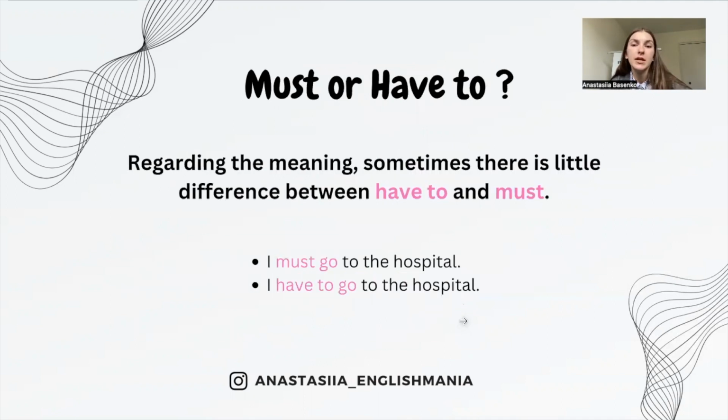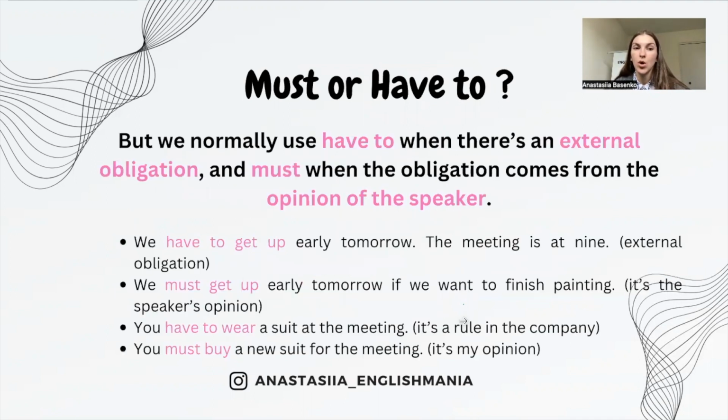And regarding the meaning, sometimes there is a little difference between have to and must. Like, I must go to the hospital or I have to go to the hospital. So what is the difference? Have to we use when the obligation is external, like someone told us to do that. And with must, we talk about internal obligation, when the obligation comes from the opinion of the speaker.